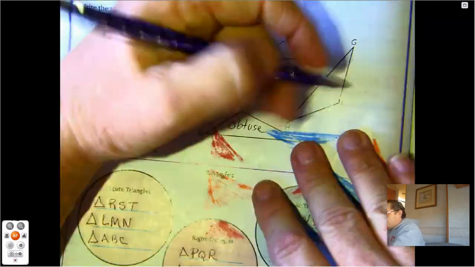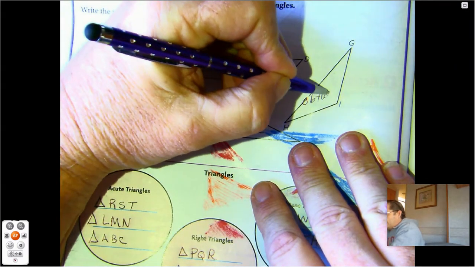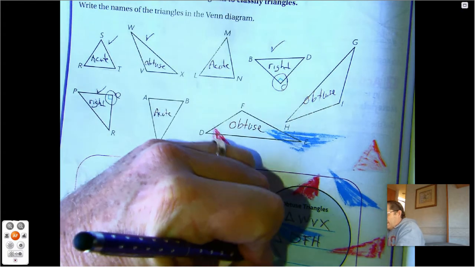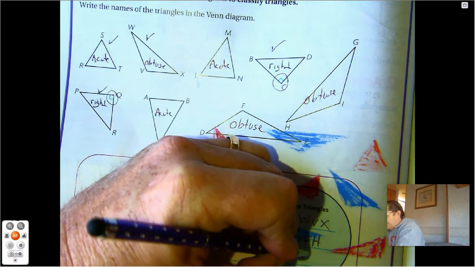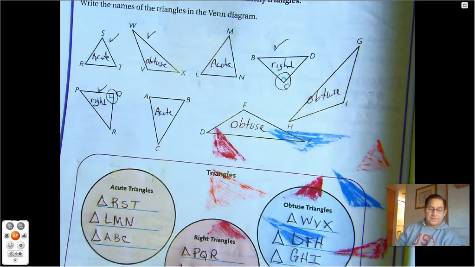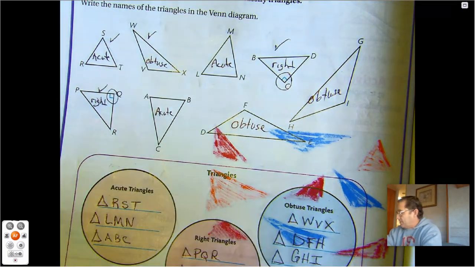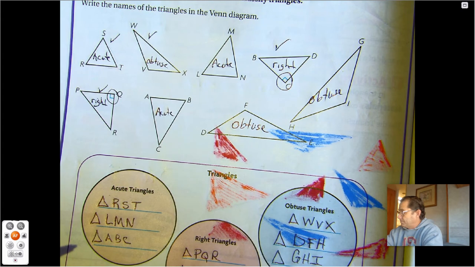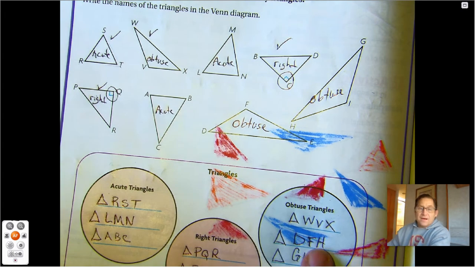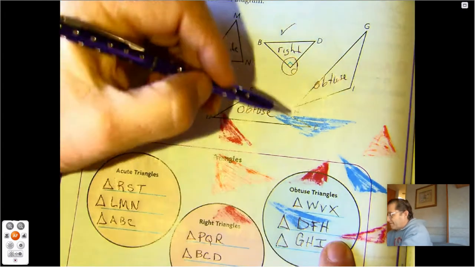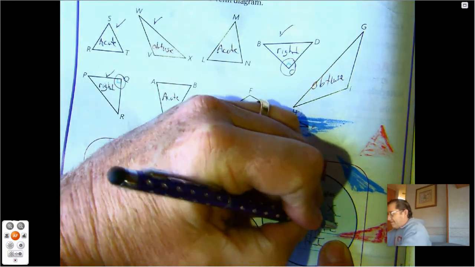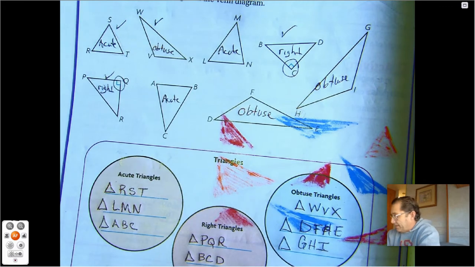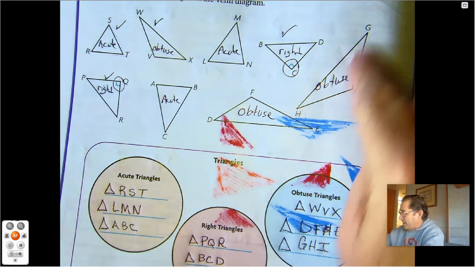So this is an obtuse triangle. So triangle GHI. Oh, on this triangle, I named the H here for some reason. It's actually DFE. Okay. H is part of this triangle.